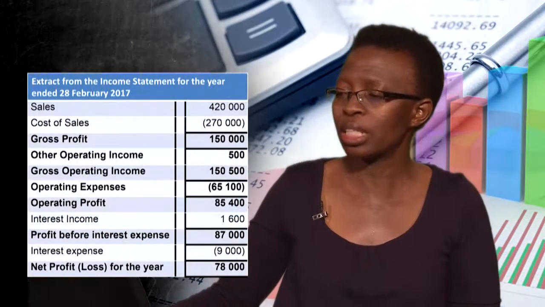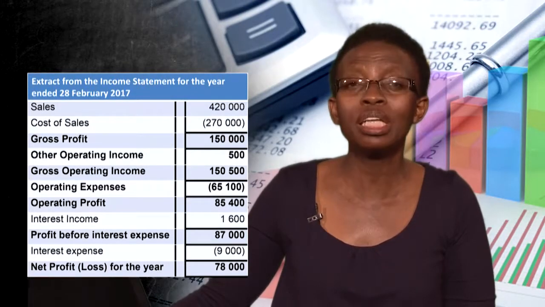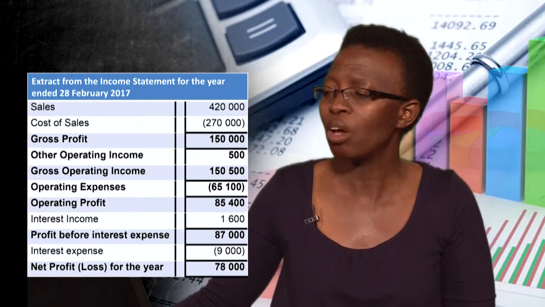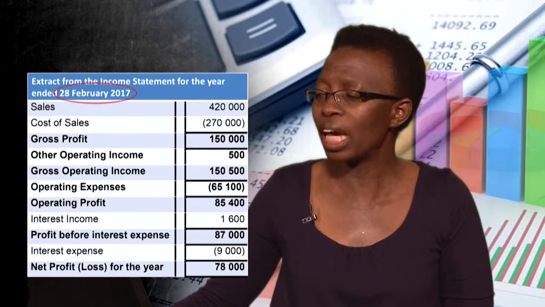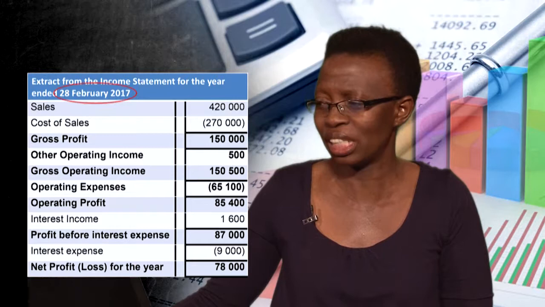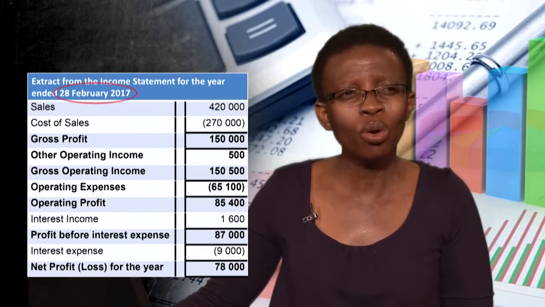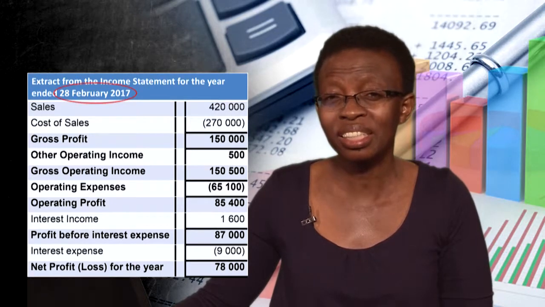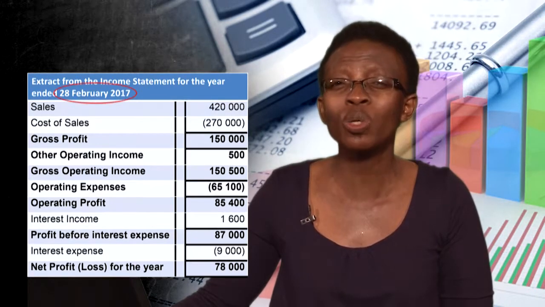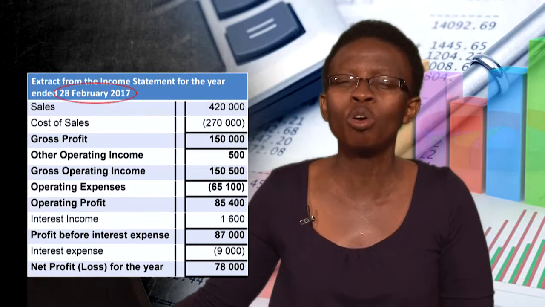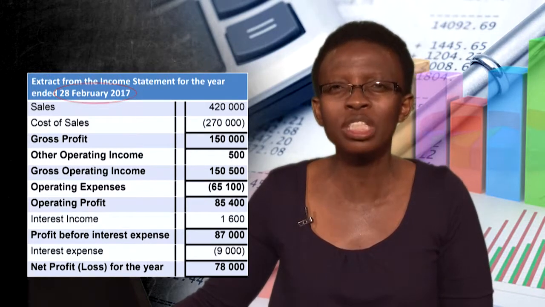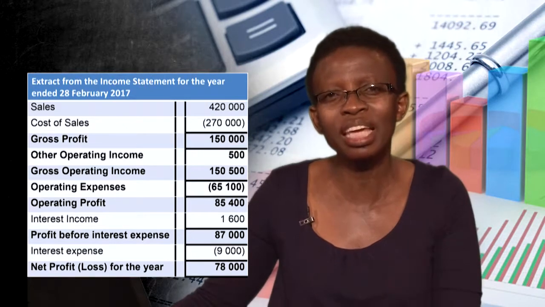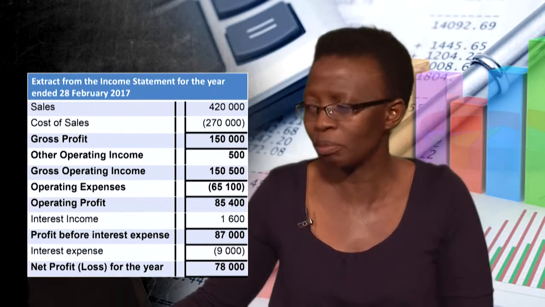Let us look at the information. The information that we have here is an extract of the income statement for the year ended 28 February 2017. Now tell me, when did the financial year of this company start? The 1st of March 2016. And it completes 12 months on the 28th of February 2017. That is its financial year.